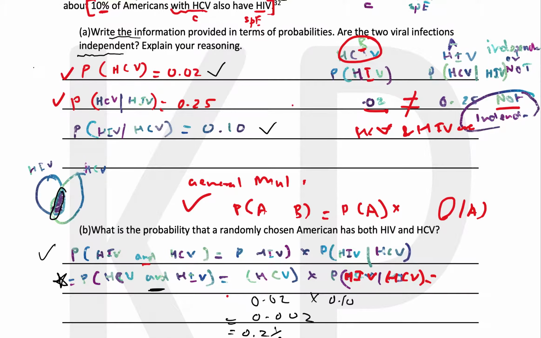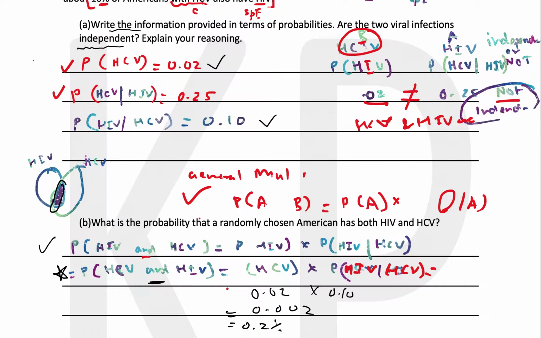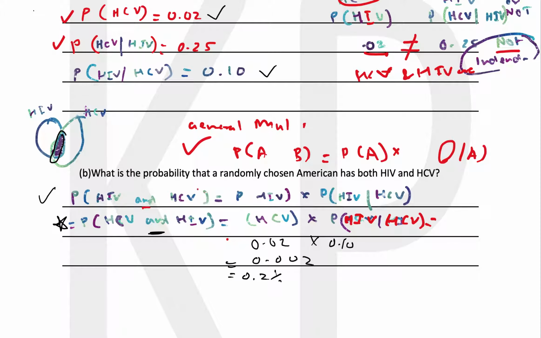We already proved that these events are not independent. That means there is some dependency. That means there will be this conditional portion existing in the probability rule that we are going to use. So let's look at that.